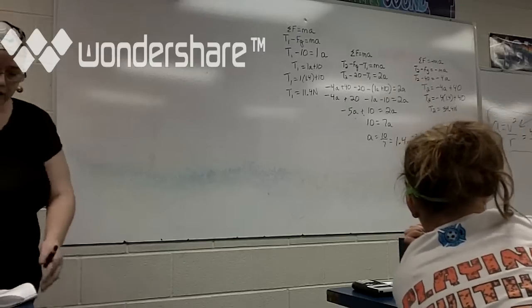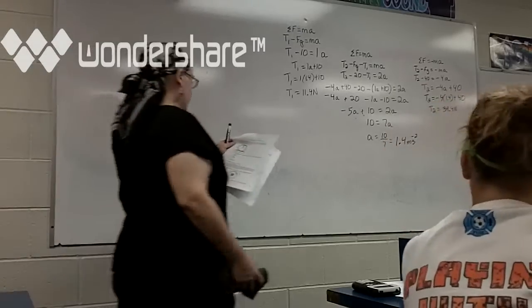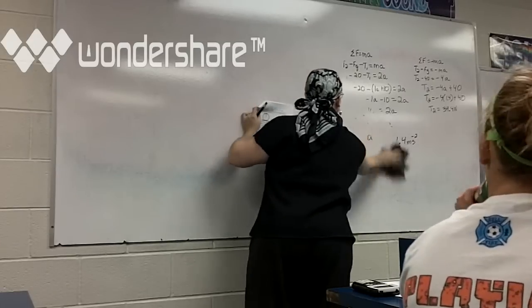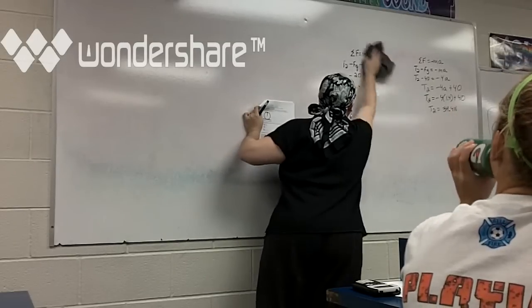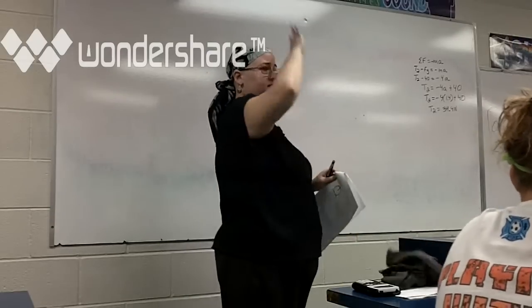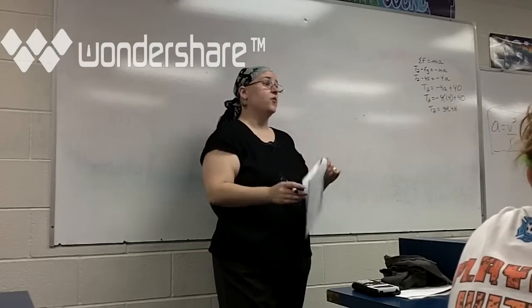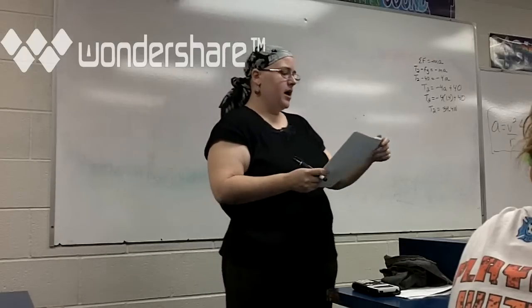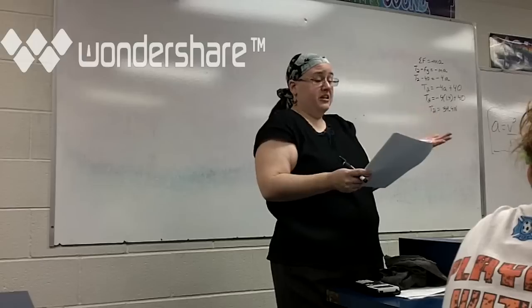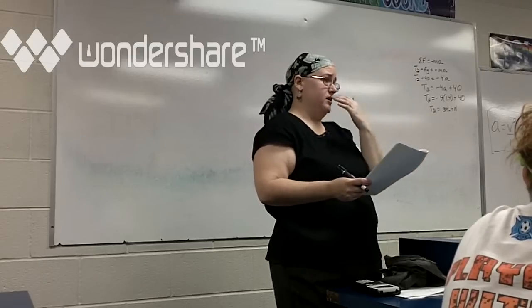So number 19 is a circular motion kind of question. Notice that it's got a circle, and none of the ones that we have done to this point have had any circular motion in it, so that's why I wanted to make sure we got these in. This is one of those multiple choice questions that would classically take you a little while if you're not as familiar with it.